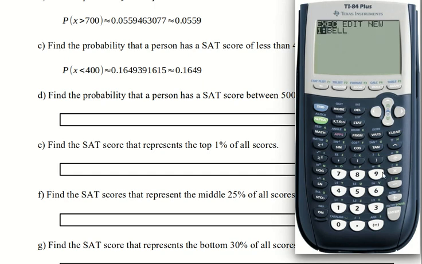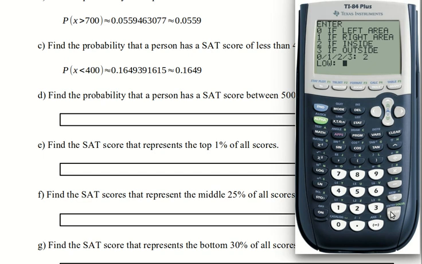Find the probability that a person has an SAT score between 500 and 600. So we're going to go into programs, launch Bell, compute a probability, use a normal distribution, and enter the mean and standard deviation. The mean again, 514, the standard deviation, 117. We're interested in being between. Well, that's an inside area, so let's press 2.